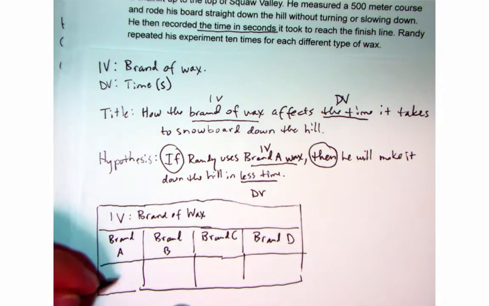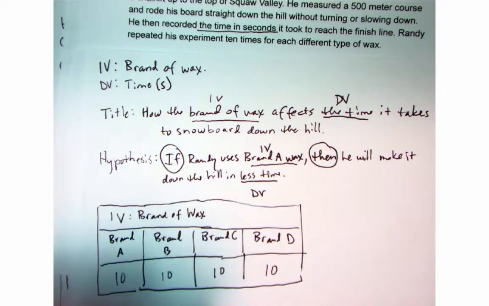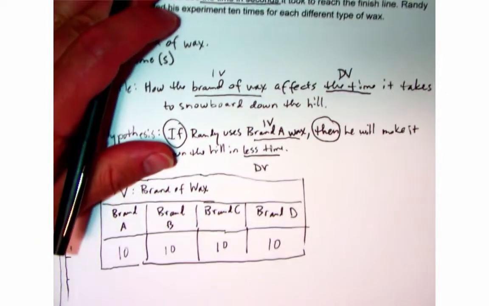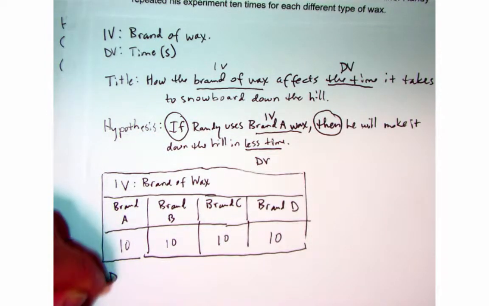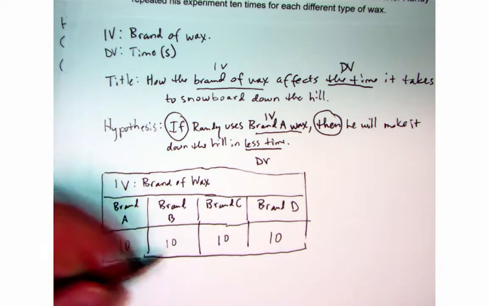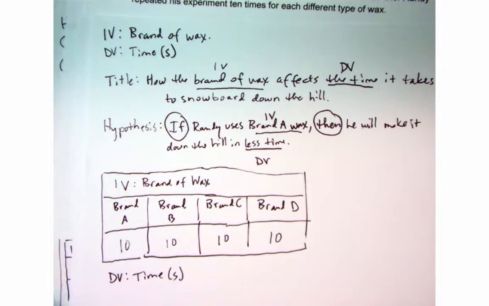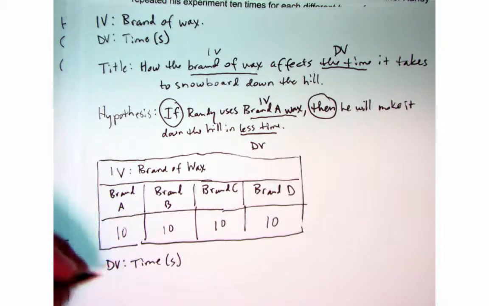So I'm going to put 10, 10, 10, 10. He did 10 runs with each kind of wax on his board. All right, next up, we want to put our dependent variable. Our dependent variable in this case, again, as we stated, is the time in seconds. Pretty simple.